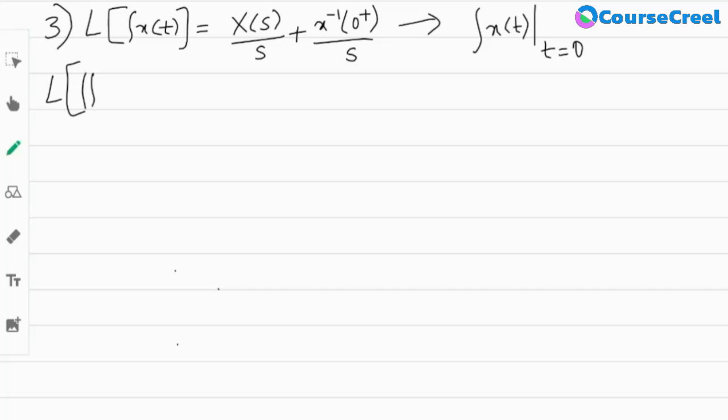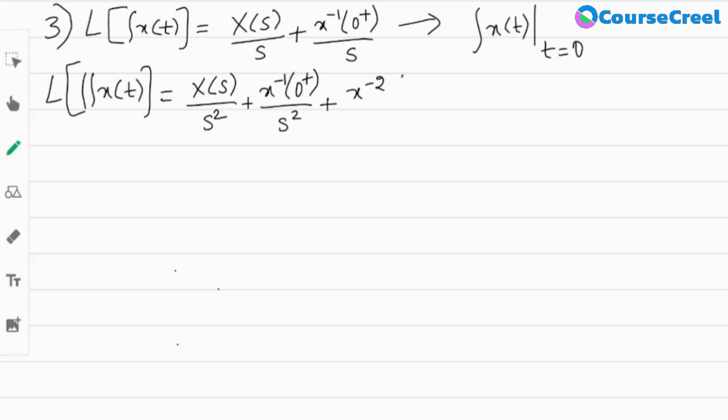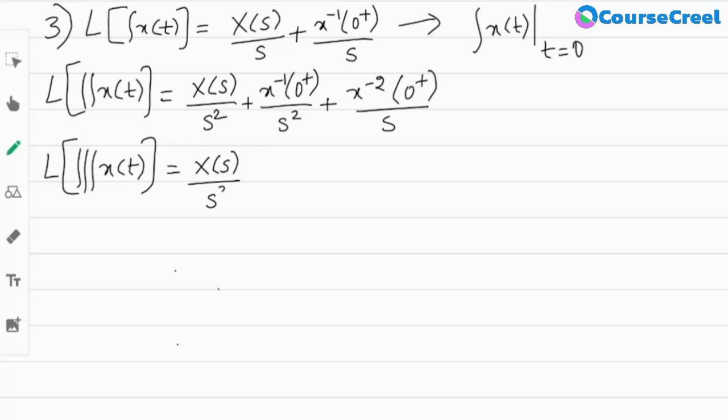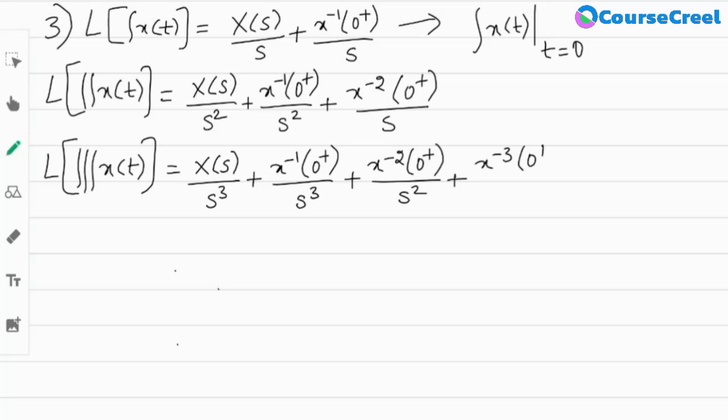Laplace transform of the double integral of x of t is x of s by s square plus x inverse of 0 plus by s square plus x to the power of minus 2 of 0 plus by s, and Laplace transform of the triple integral of x of t is x of s by s cube plus x inverse of 0 plus by s cube plus x to the power of minus 2 of 0 plus by s square plus x to the power of minus 3 of 0 plus by s.